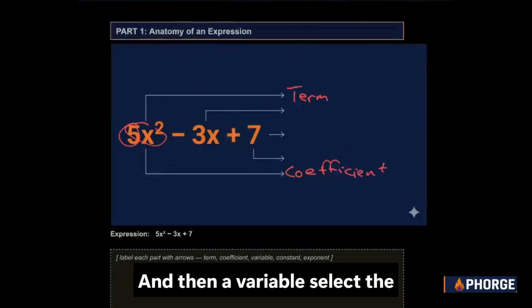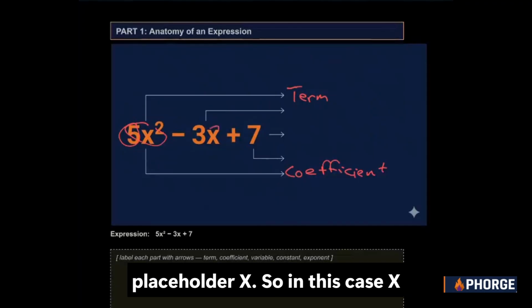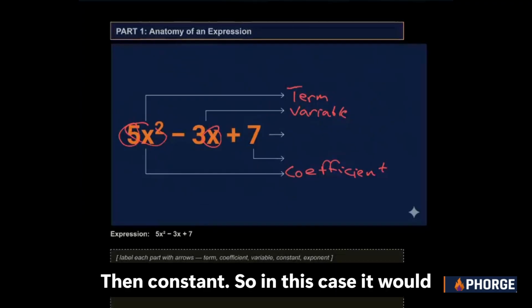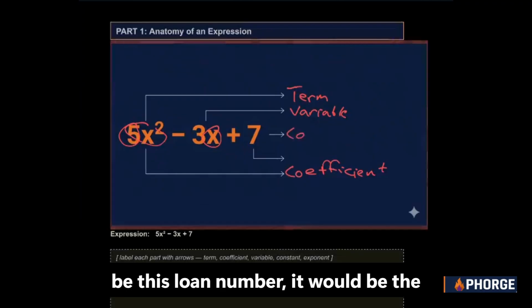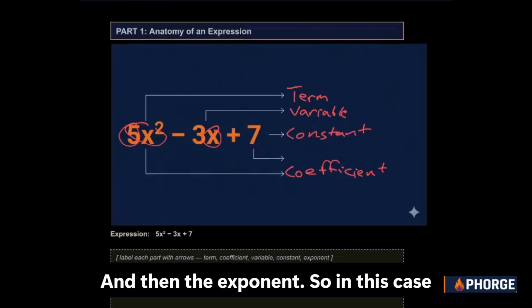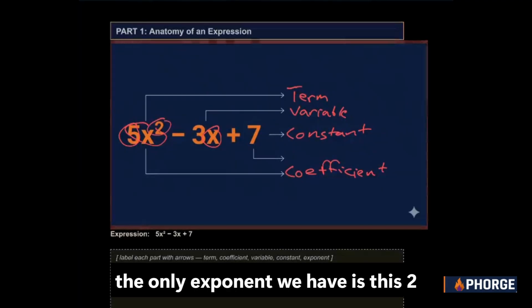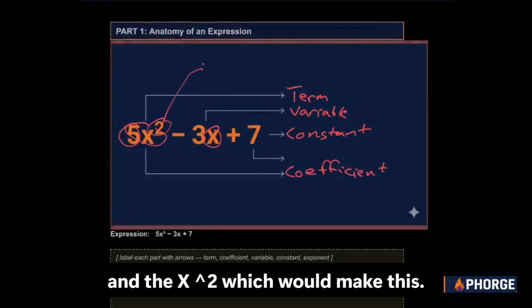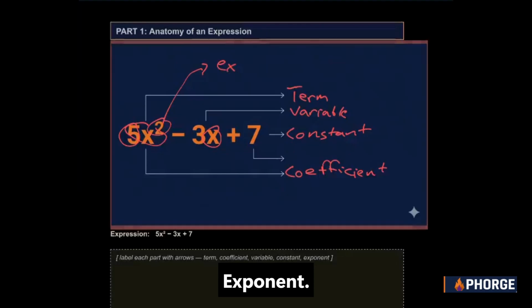And then a variable, so like the placeholder x, so in this case, x would be a variable. Then constant, so in this case it would be this lone number, would be the constant. And then an exponent. So in this case, the only exponent we have is this 2 and the x squared, which would make this an exponent.